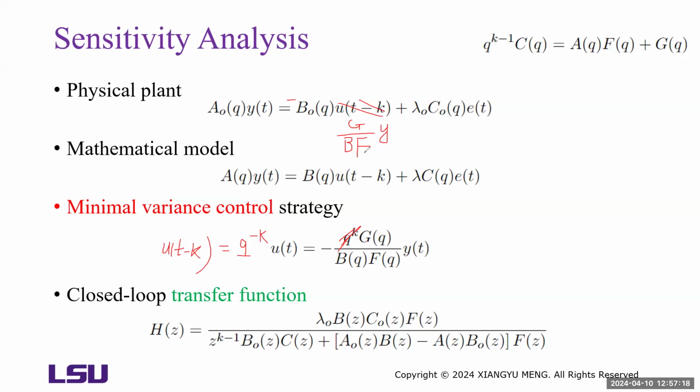Okay. So if we multiply B F on both sides of the equation, we have A naught B F, then lambda naught B C naught F. Then we have A naught B F plus B naught G, y(t), equal to lambda naught B C naught F e(t).